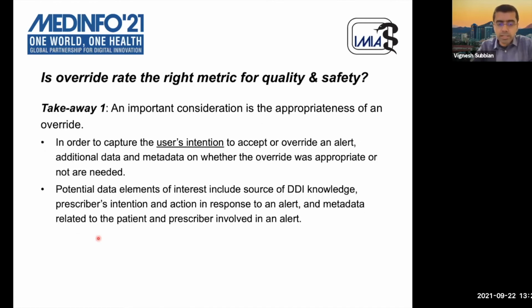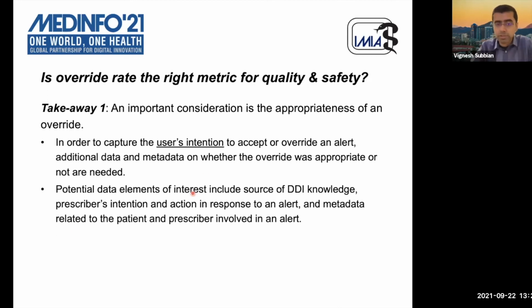A few key takeaways from our study, in addition to those four observations, led us to ask the question, is override rate the right metric for quality and safety? So in that context, the first takeaway is that appropriateness of the override is an important consideration in study design.